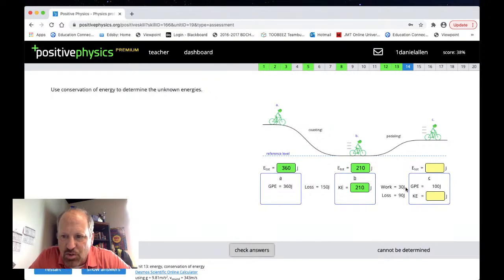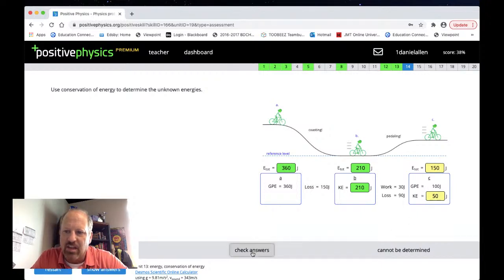And then 30 joules of work was put in with 90 joules of loss. So 210 plus 30 is 240, minus 90, right? 240 minus 90 is 150 total energy. And 100 joules is gravitational, so that means there's 50 joules of kinetic.